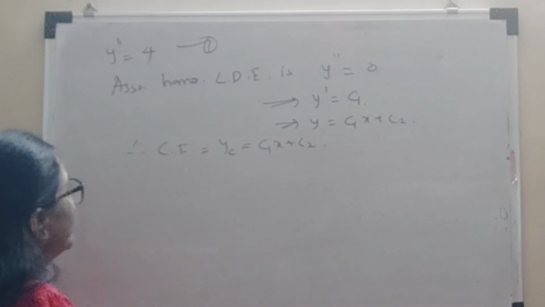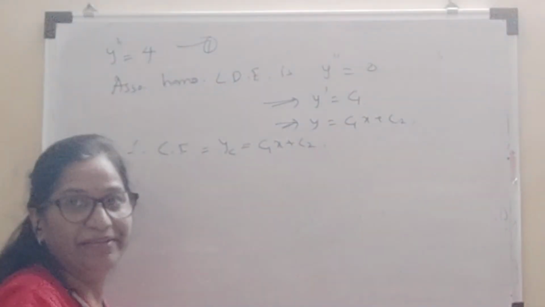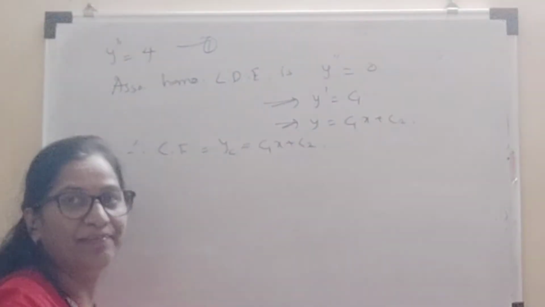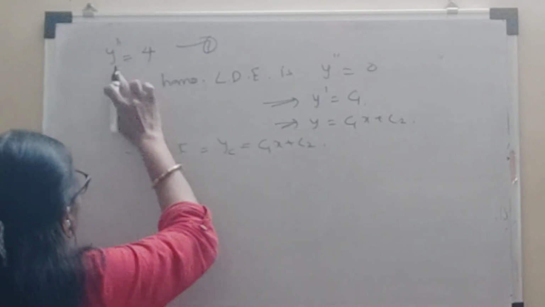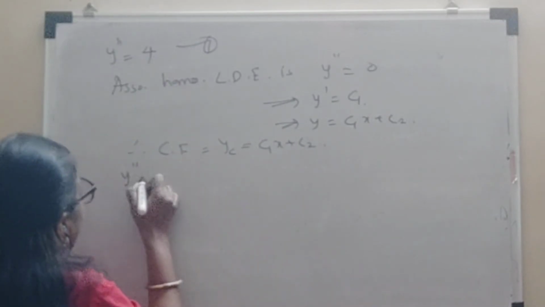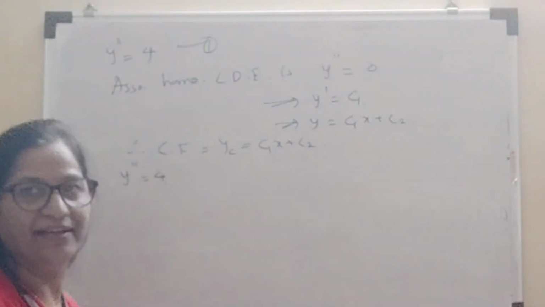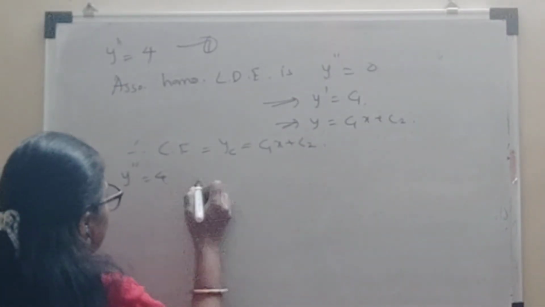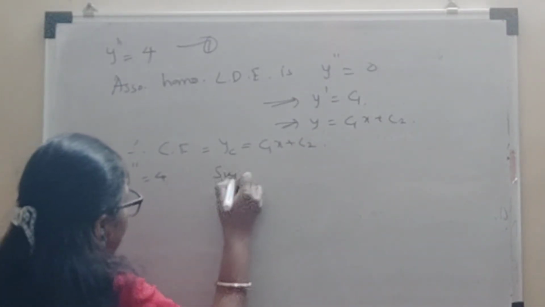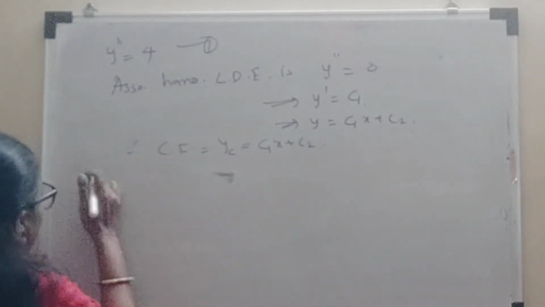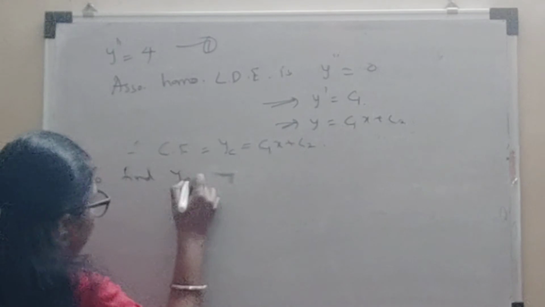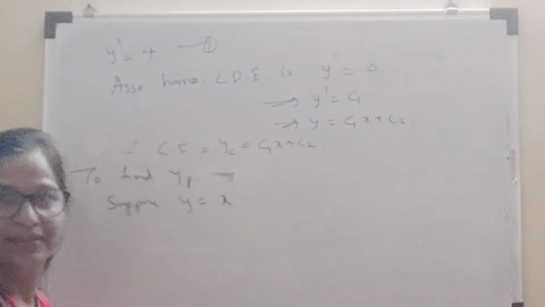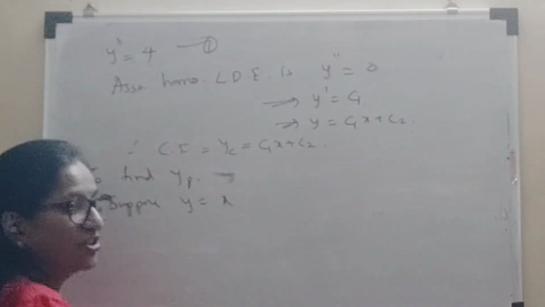Now the next thing is we have to find yp, the particular integral, that is the solution associated with the non-homogeneous part 2. So we have to check the function y which satisfies LHS as well as RHS. So what should be y? Suppose y is equal to say x. We'll check whether it satisfies this equation 1 or not.